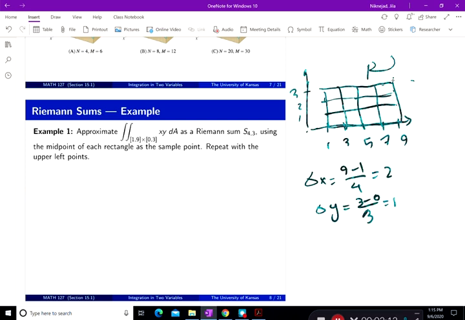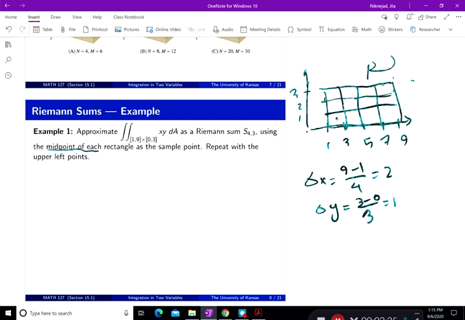And now what is the next thing that it's asking? It's saying first do sample points that are the midpoints. Midpoints are right in the middle, so for each rectangle, it's the average of the x values and the average of the y values.